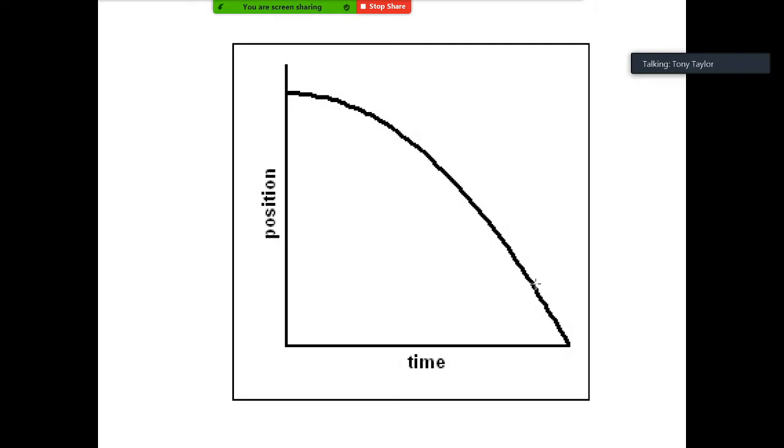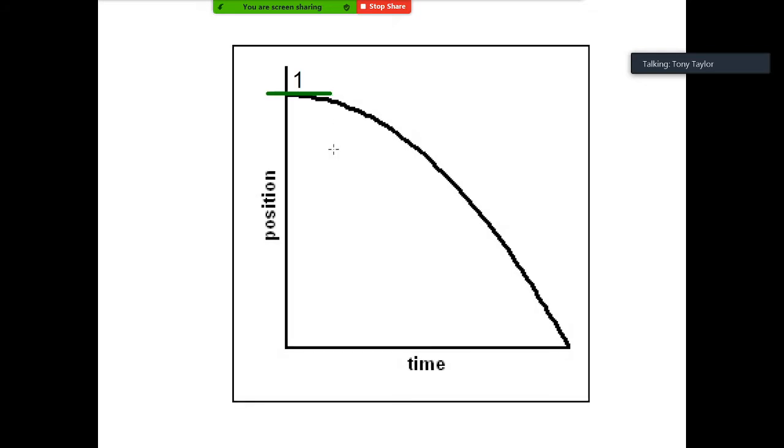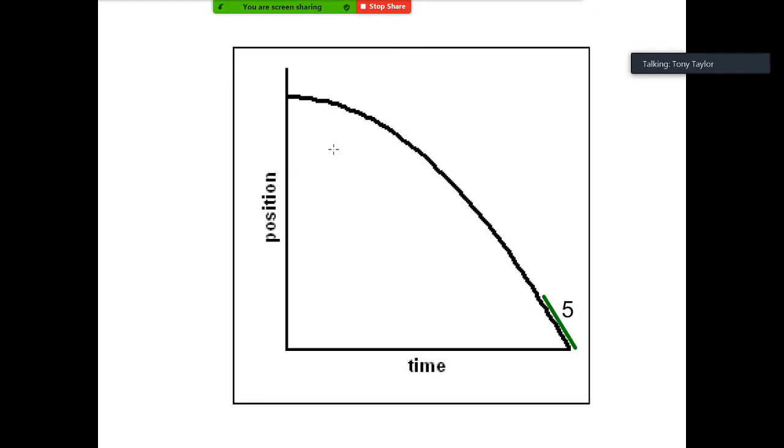But how do we know that we're speeding up on this position versus time graph? Well, guys, look at the slope here. Remember what I said, if the slope goes from flat to steep, that means the object must be speeding up. If I draw a trend line somewhere around 1 second here, you notice that trend line appears relatively flat. And I keep drawing more and more trend lines at 2 seconds, 3 seconds, 4 seconds, and 5 seconds. If you notice, it gets steeper with time.